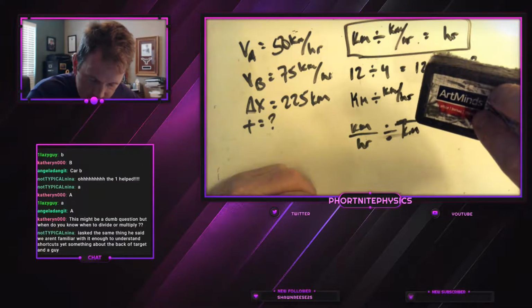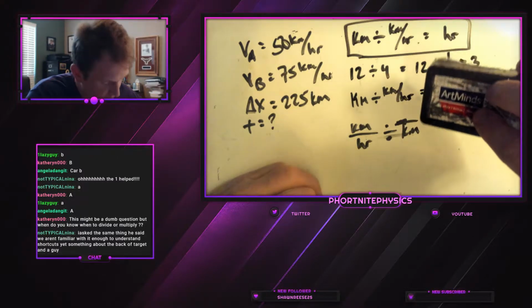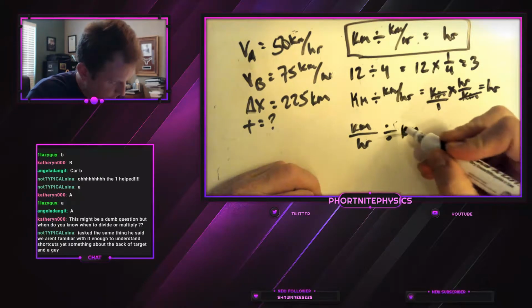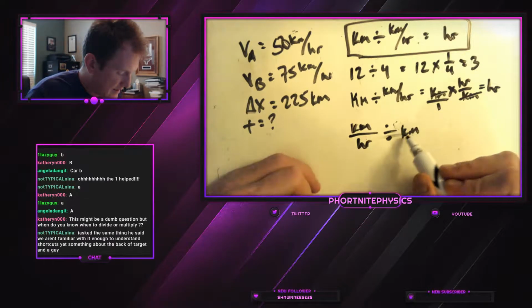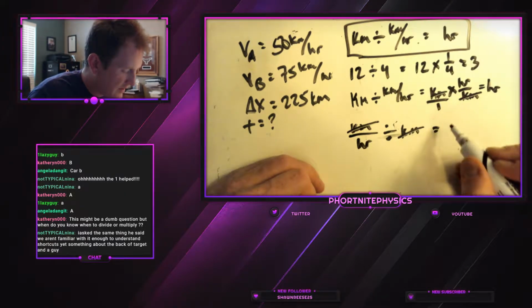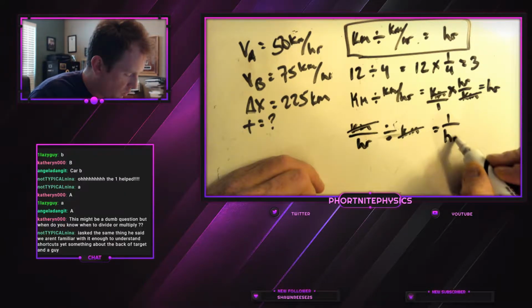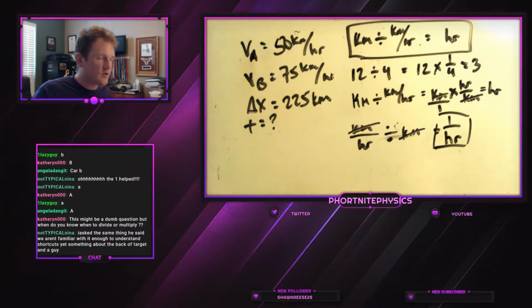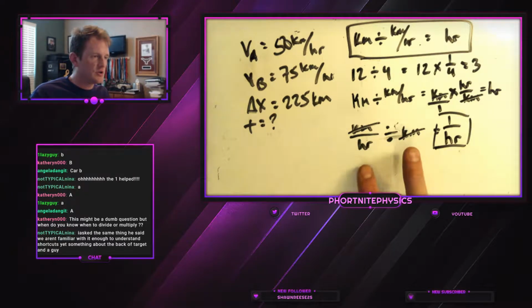If we do that, this kilometer will cancel out that kilometer, and what we are left with instead is 1 over hours. So, like you can see, it matters which direction you do these in.